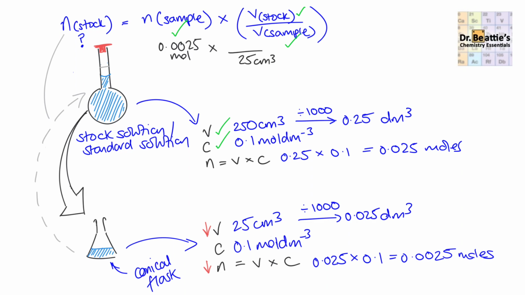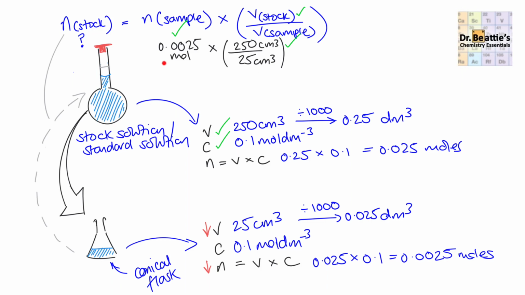And we know the volume of our stock solution, as this was 250 centimeters cubed. Now it doesn't really matter what the units are here as long as they match, okay? So you could use decimeters cubed as long as they're both decimeters cubed, or you could use centimeters cubed as long as they're both centimeters cubed. The reason being, this is just looking at the ratios and the differences in magnitude between the two volumes.